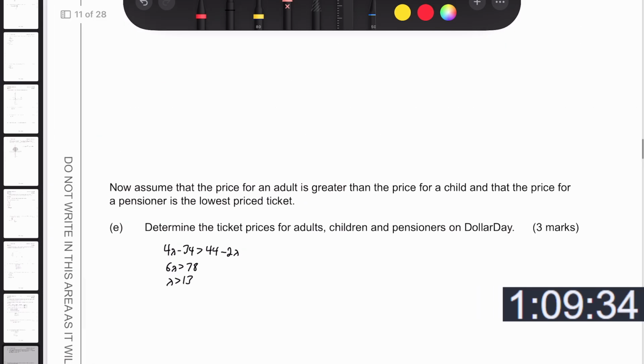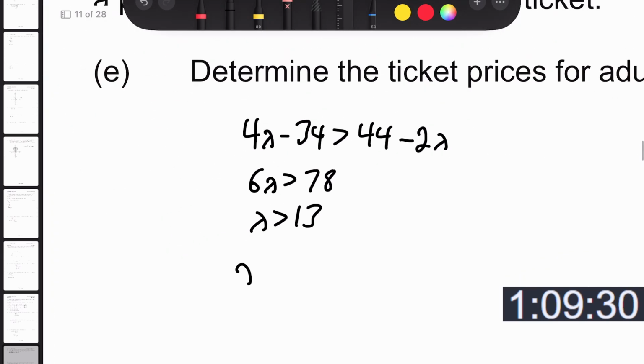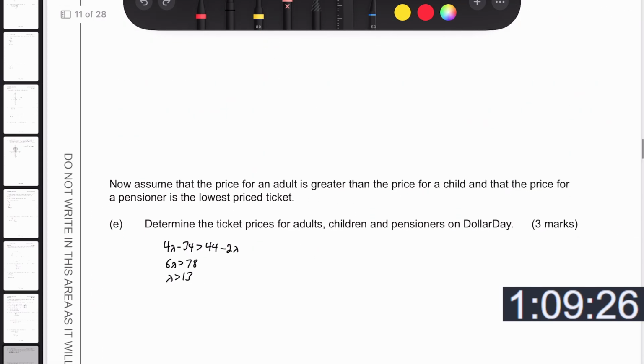And the pensioner is the lowest price ticket, so lambda is the smallest.